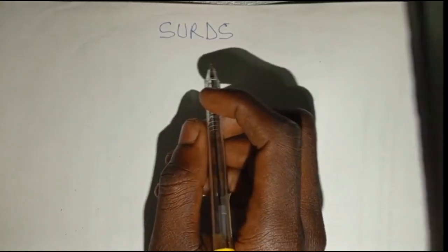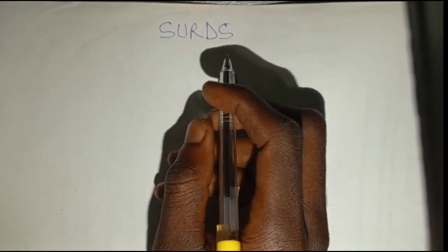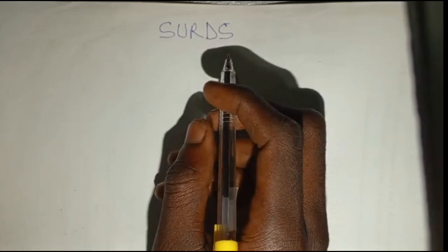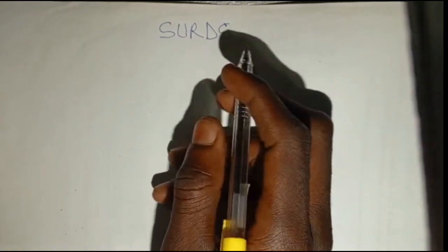In this lesson, we are going into one of the most misunderstood but extremely important topics in JAMB and WAEC mathematics. This topic is surds.